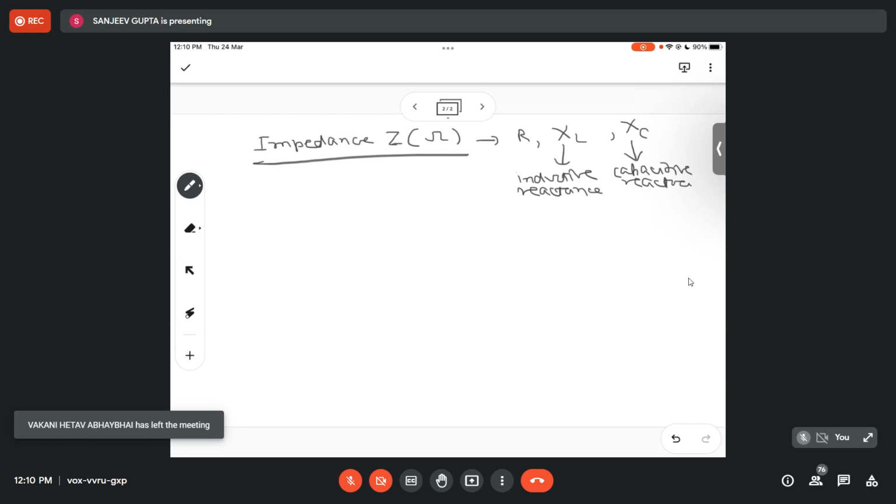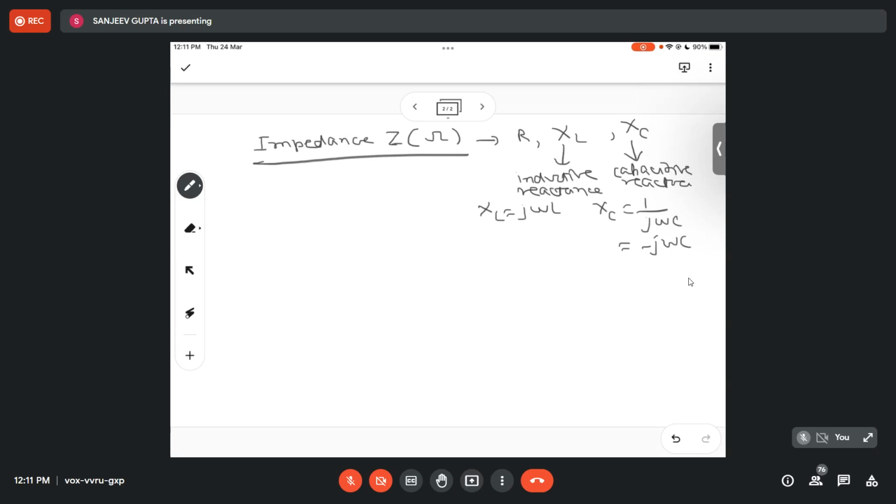XL is equal to j omega L, and XC is equal to 1 by j omega C, or minus j omega C. j is the imaginary number, so this is the imaginary quantity. And here my omega is 2 pi f.